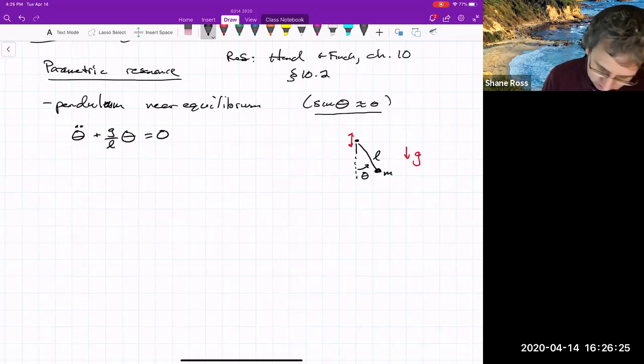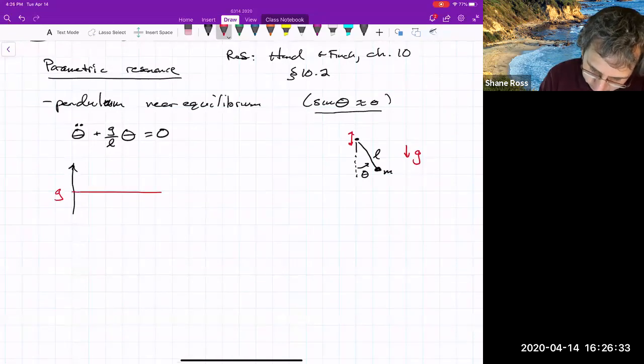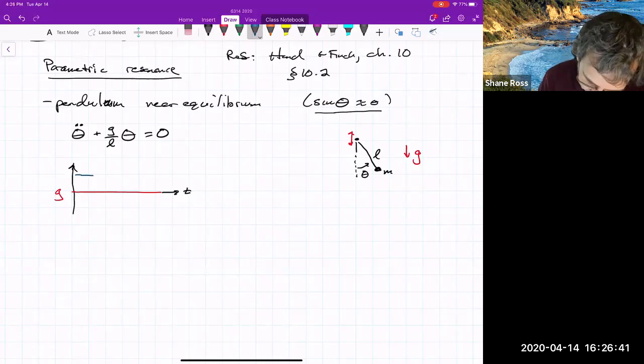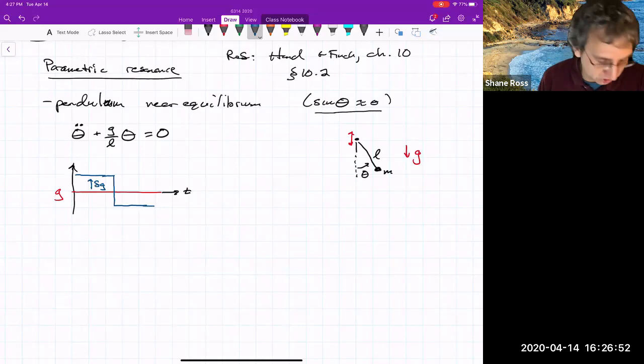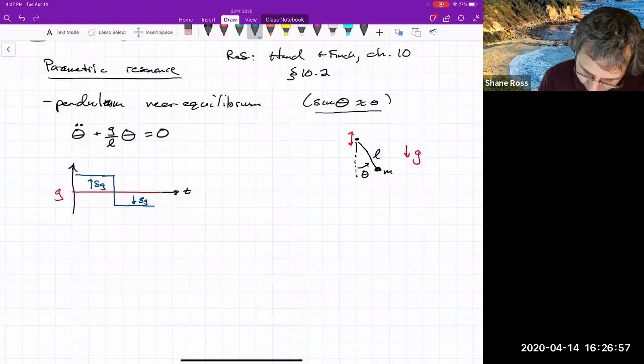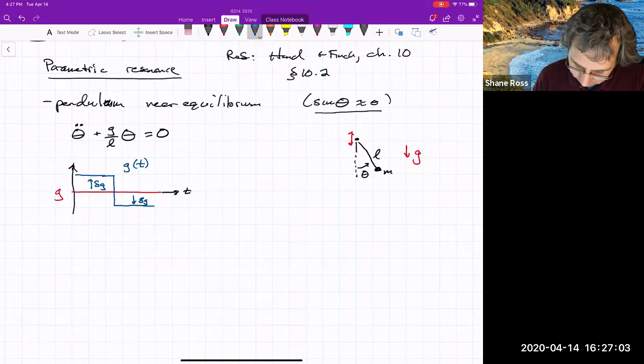And we will change G with time, so that instead of being constant, we'll make it change periodically. We'll increase by some amount, I'll call it delta G, and then we'll decrease delta G. So now G, instead of being constant, is a function of time, and this thing will repeat.